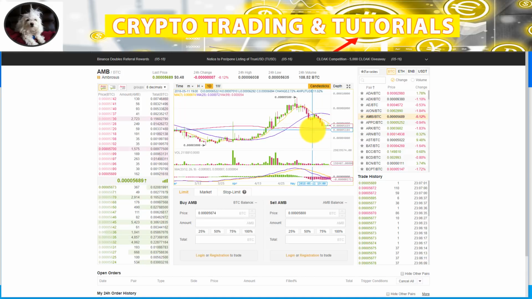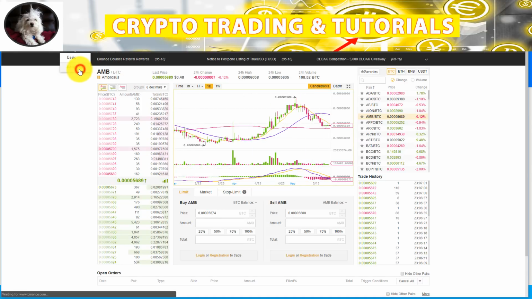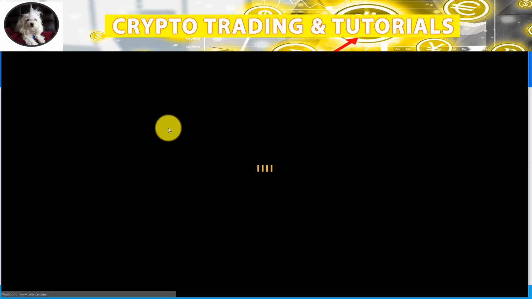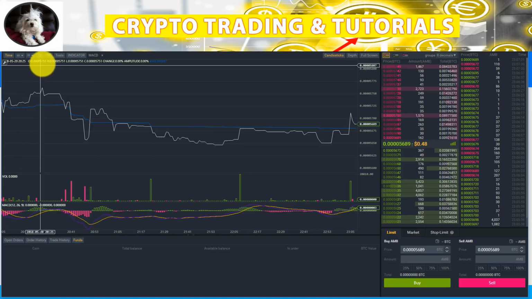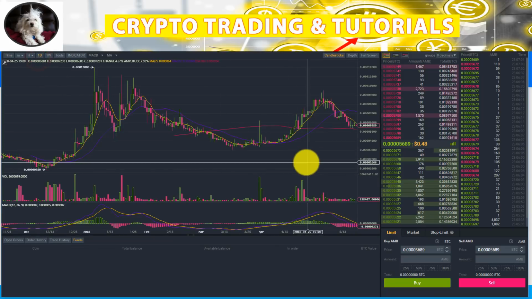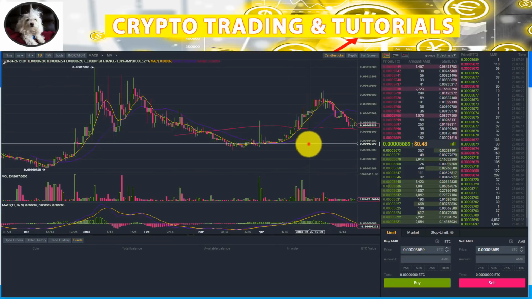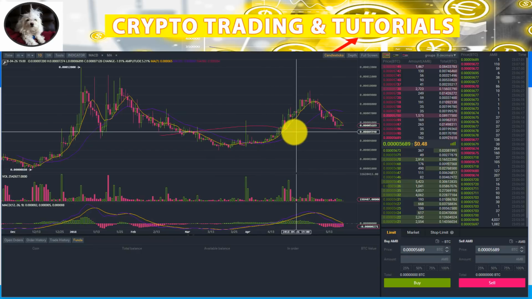And I know it's harder in this chart here, but I'm intentionally showing these charts because I want to show the Binance ones. These are right on the Binance charts, right?